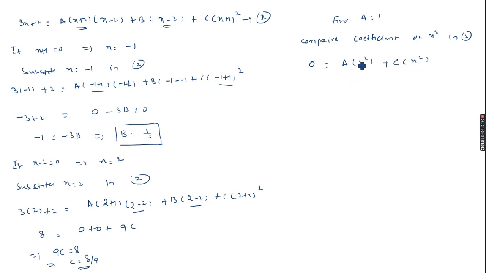That is a plus c is equal to 0. From that, a is equal to minus c. Therefore a is equal to minus 8 by 9.